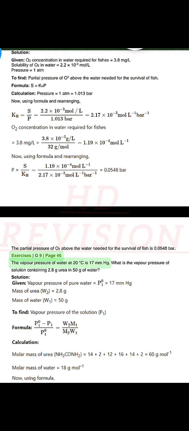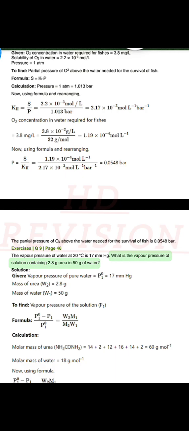Exercises Q9 page 46. The vapor pressure of water at 20 degrees Celsius is 17 mm Hg. What is the vapor pressure of solution containing 2.8 grams urea in 50 grams of water?